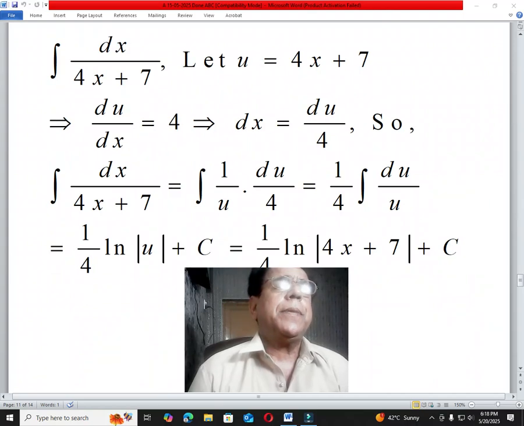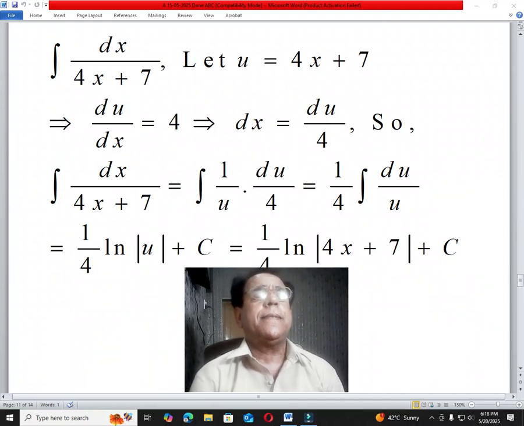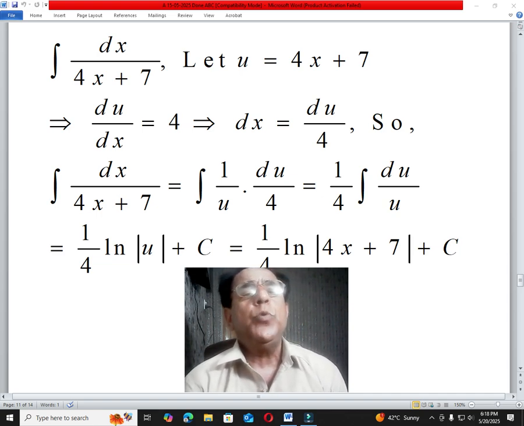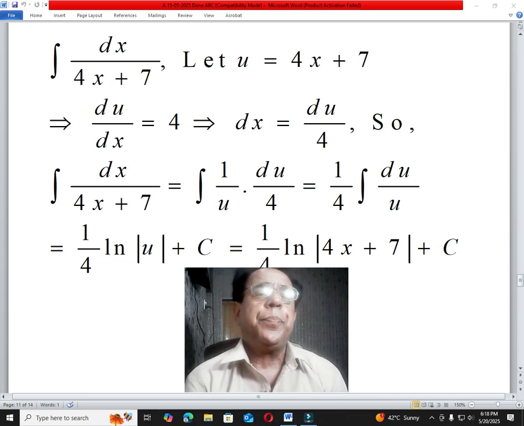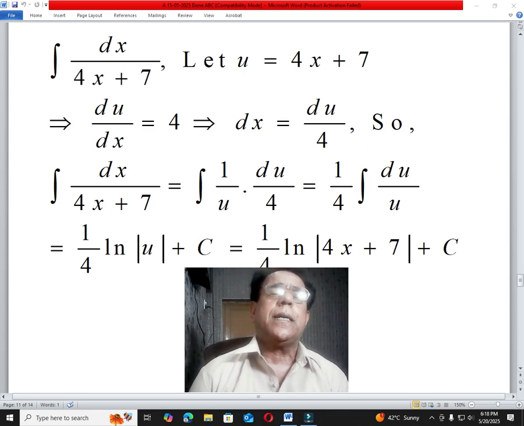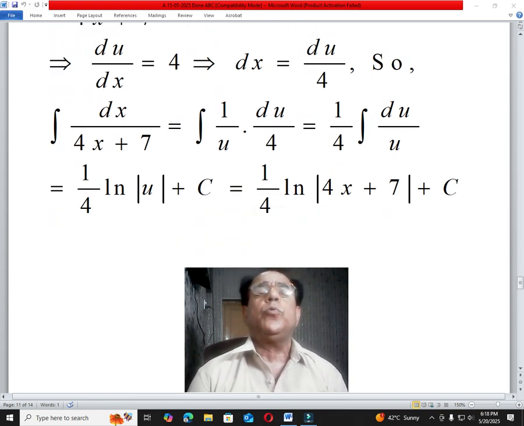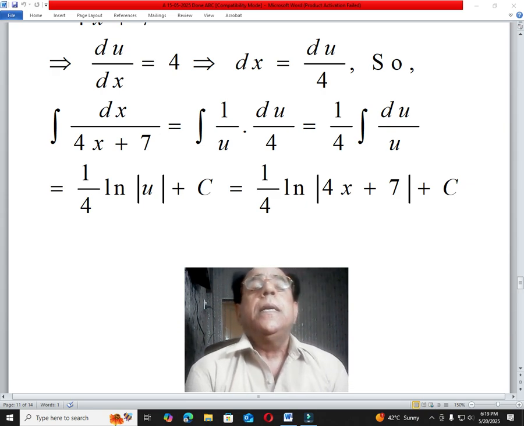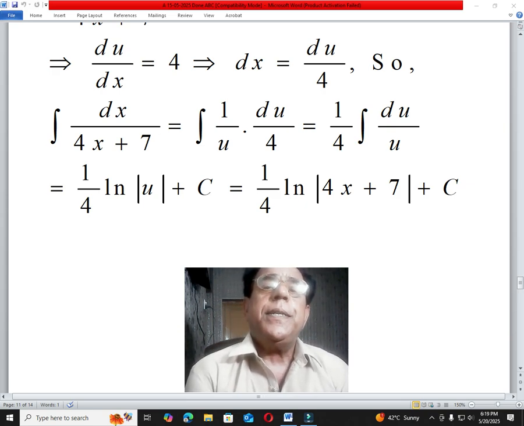So the given statement, that is dx over 4x plus 7, becomes equal to integration 1 by u into du by 4. Here 1 by 4 is a constant, so it will be taken out and written prior to the sign of integration, and our next step will be 1 by 4 integral du by u.